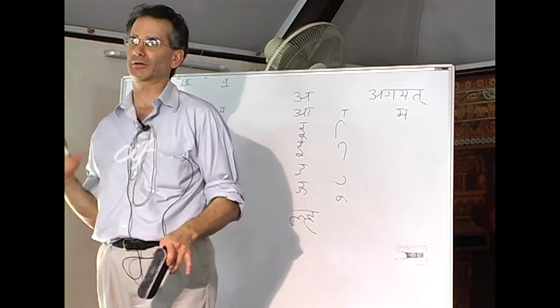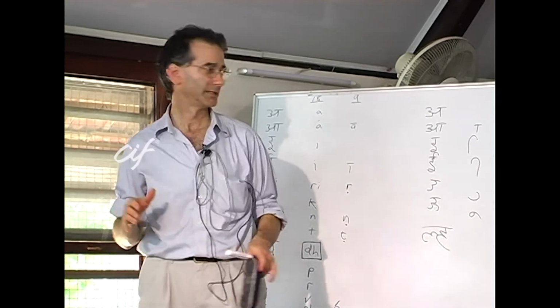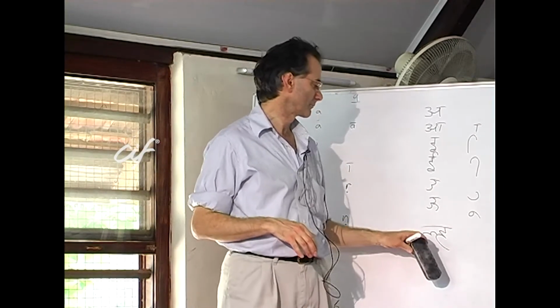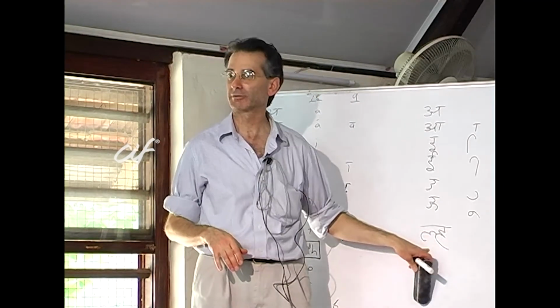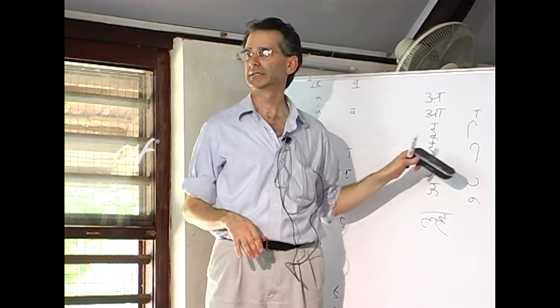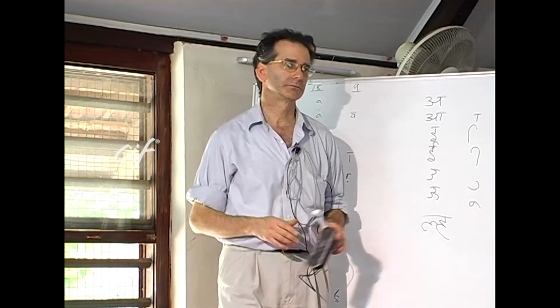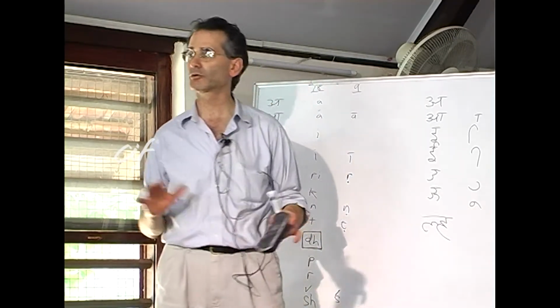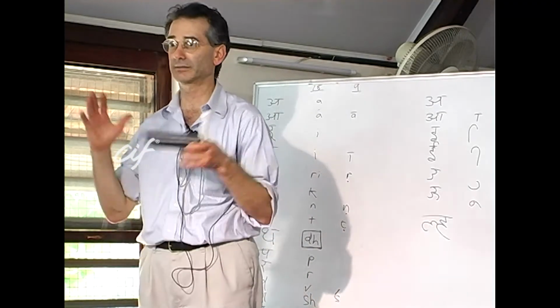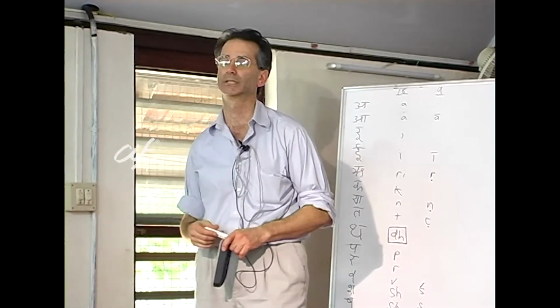It is ulta ho gaya. So this is strange, isn't it? And here we're using a digraph to represent a single phoneme. And here we have ambiguity. So Devanagari has some drawbacks as well. And it's not an ideal one-to-one encoding of Sanskrit phonemes.